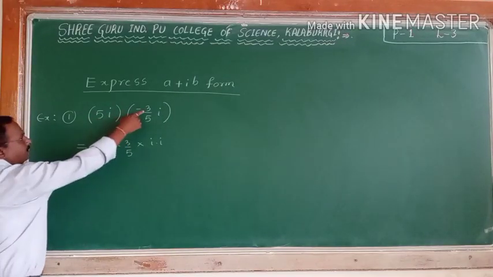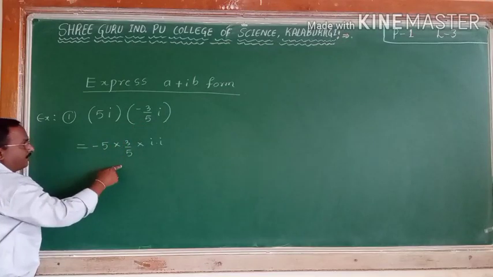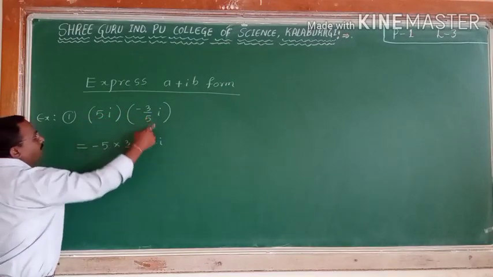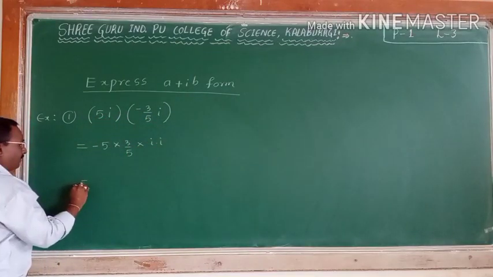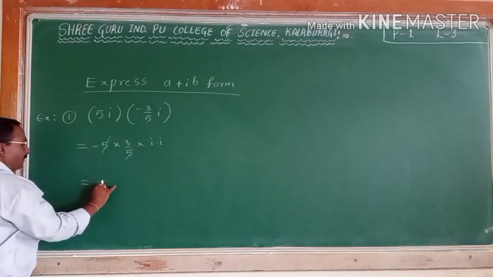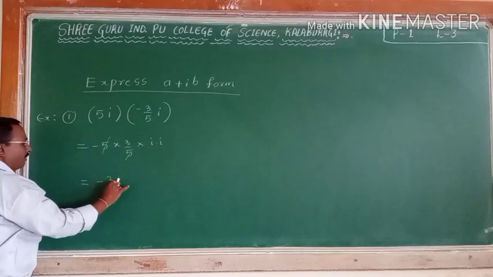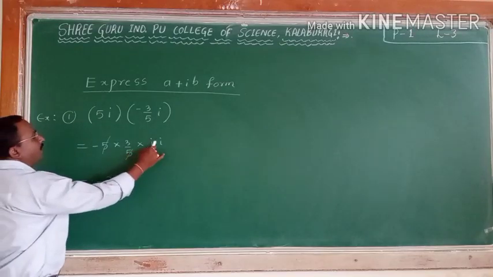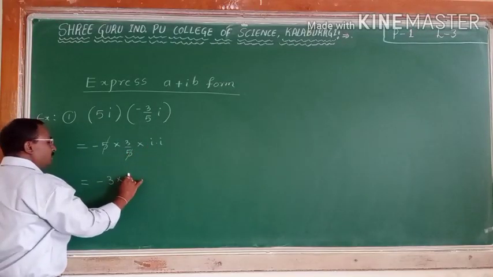Then here 3 by 5 is there, 3 by 5 as it is, then i into i. Any doubt? The 5 gets cancelled. Minus 3 into i into i.